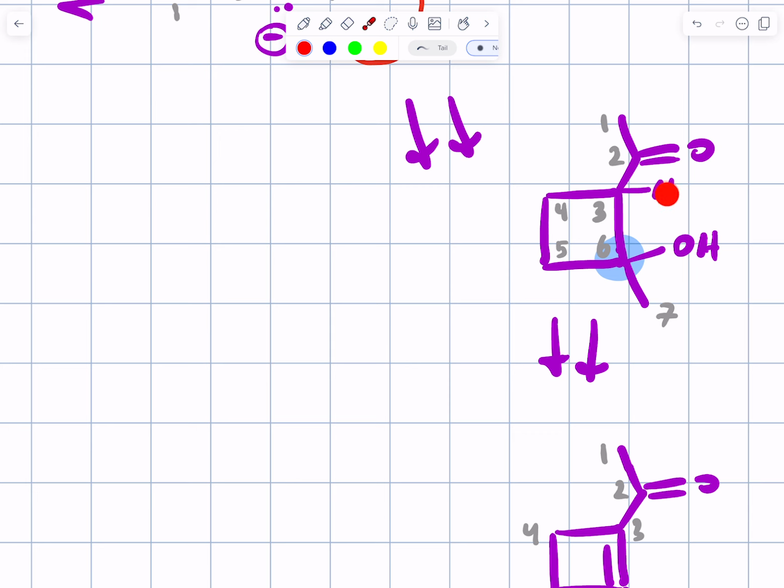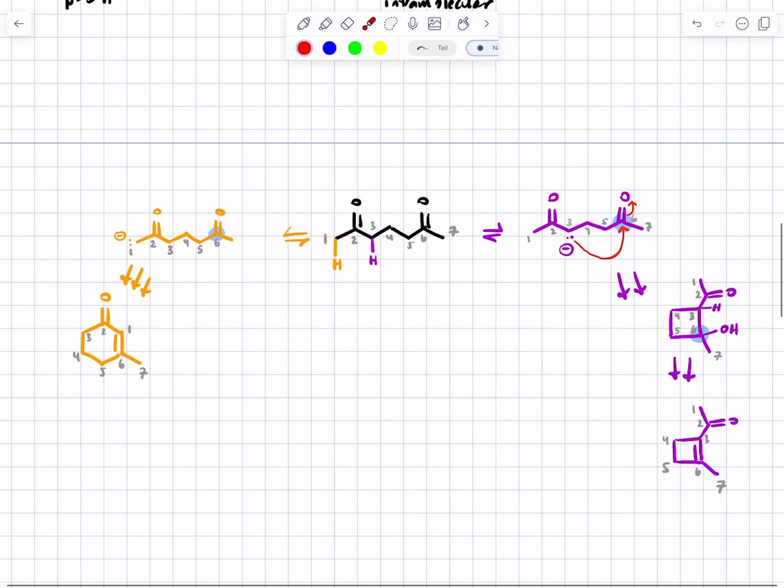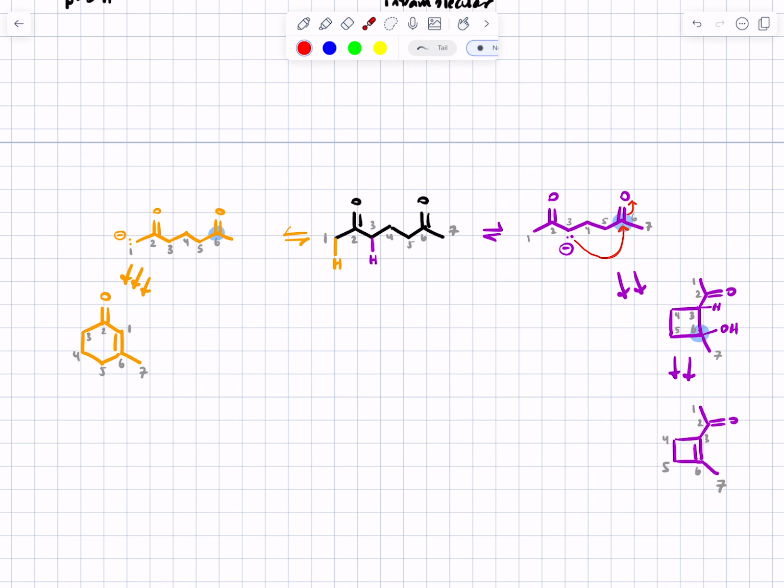Protons are relatively accessible to OH minus, even on tertiary carbons. In 351, you did eliminations all the time from tertiary carbons, and in some cases it was great because it leads to a more substituted double bond. So sterics aren't a major issue here. The major issue, though, is the relative stability of the products.